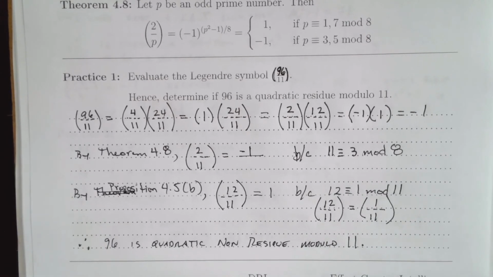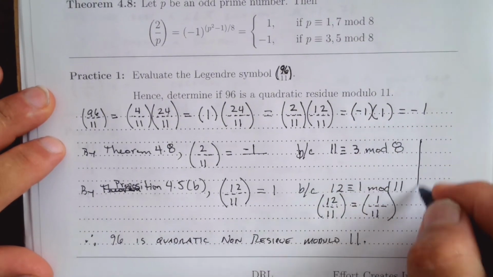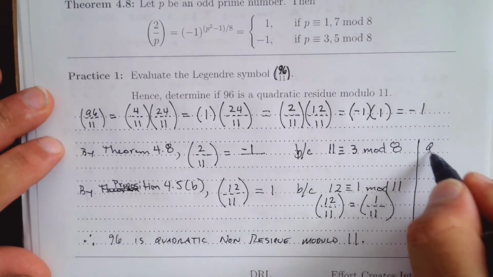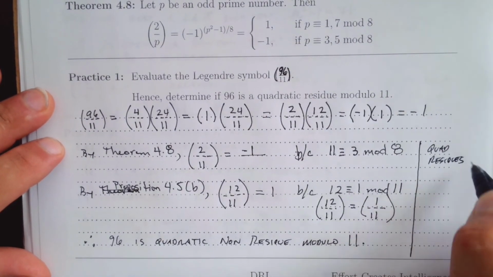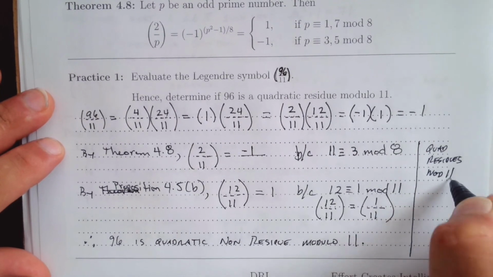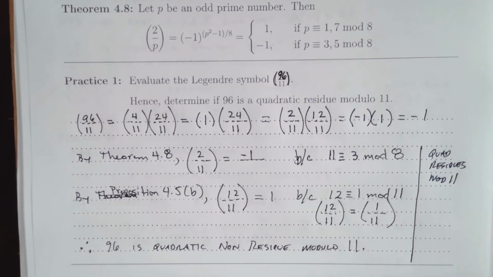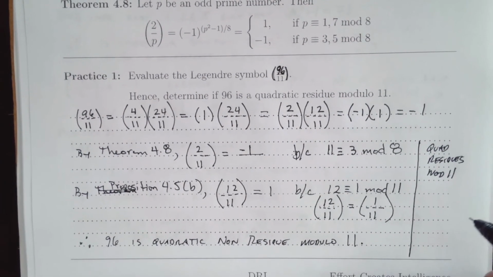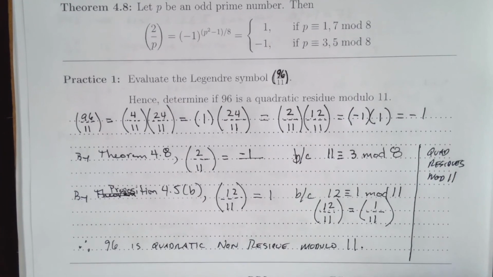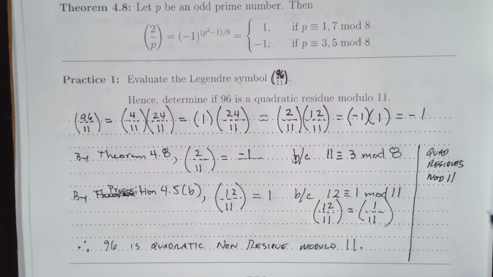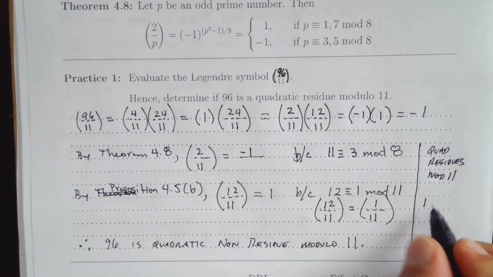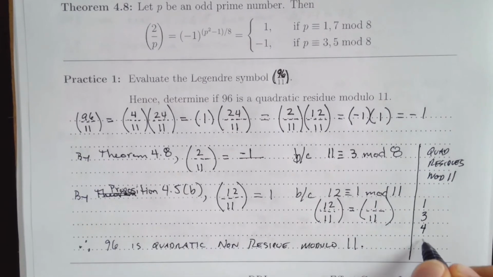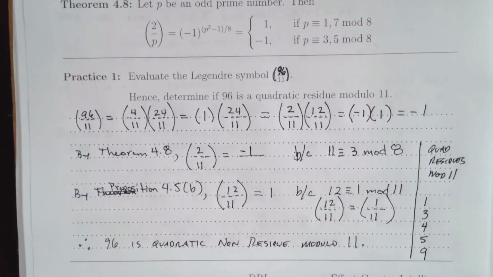And you might get yourself a list of these quadratic residues modulo 11, and you would know that you're going to have 5 non-zero quadratic residues modulo 11, which happen to be 1, 3, 4, 5, and 9.